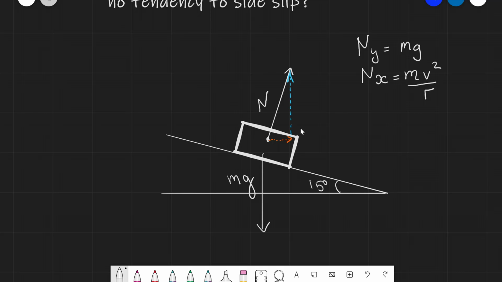Now, if we think about similar triangles, we can actually pretty easily prove, I'm not going to do this in the video, that those two triangles are similar, and this angle here is actually equal to this angle there. So this angle here is 15, which turns the vertical component to be n cosine theta, or n cosine 15, and this component here will be n sine of 15, because it's the opposite angle.